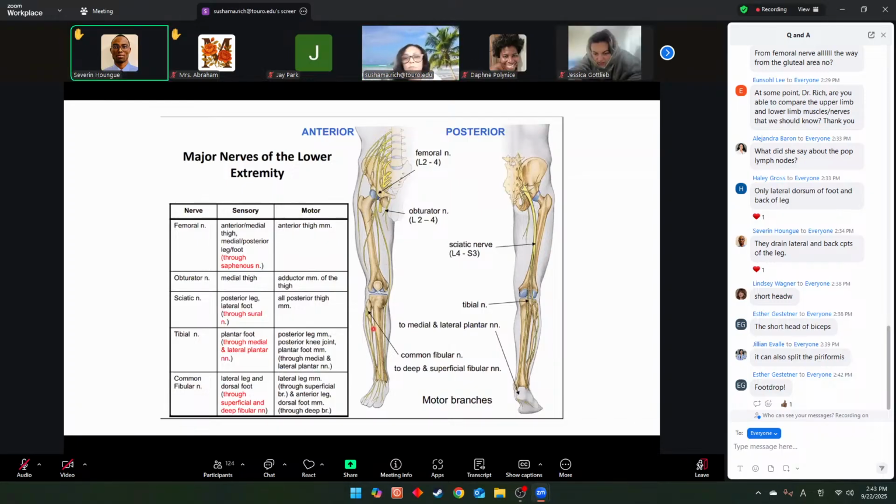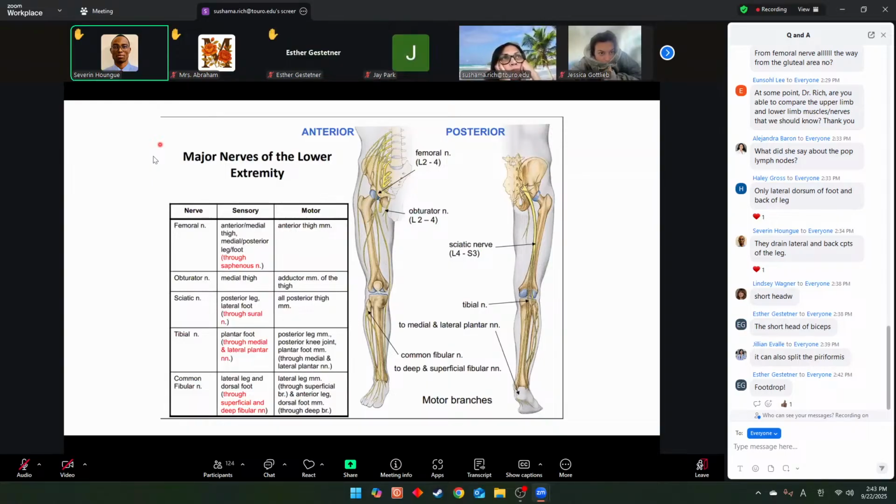Two quick questions. Regarding the last thing you said, if the group of muscles are all paralyzed, would that be the same if the nerve that innervates them is paralyzed as well? The effect will be the same, right? Correct.